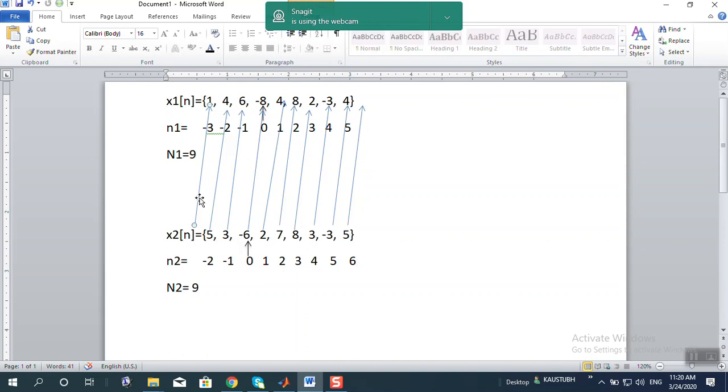Now how will you make this automatic? It has to be automatic for any kind of signal. So what we can do is put one 0 here, and also one 0 here, to make it equal.